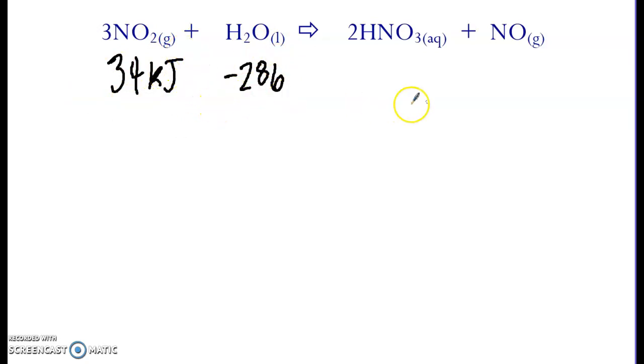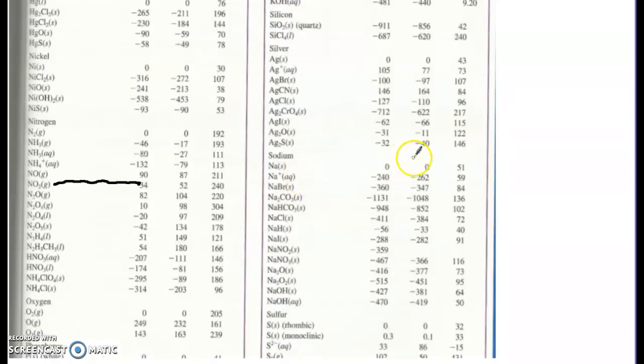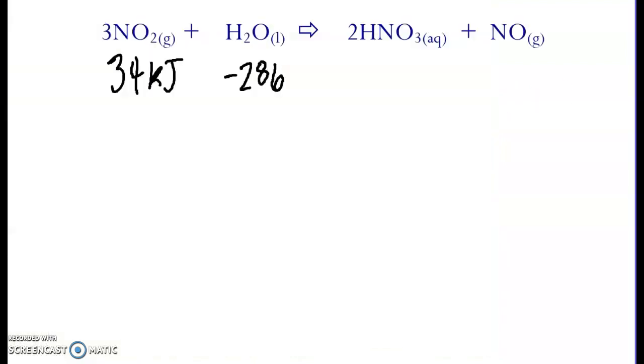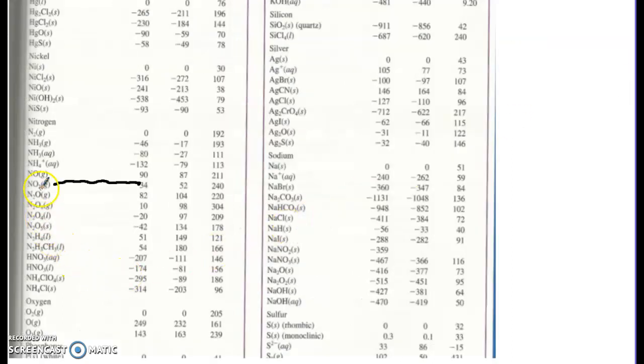So those are our reactants. Now we look at our products here. For the nitric acid, in our nitrogen page here, we have HNO3 aqueous, negative 207 kilojoules per mole. And for our nitrogen monoxide, we have to turn to one page.